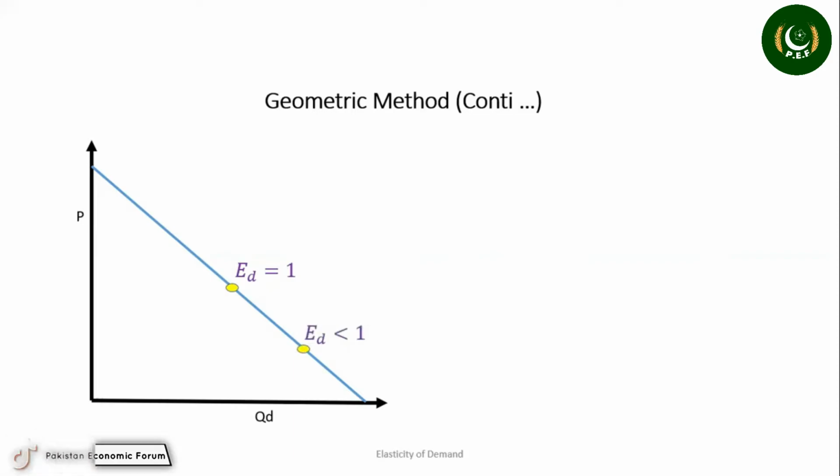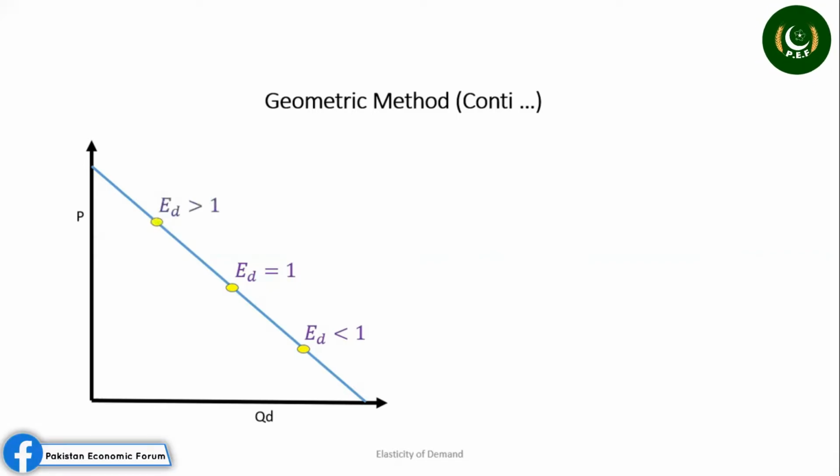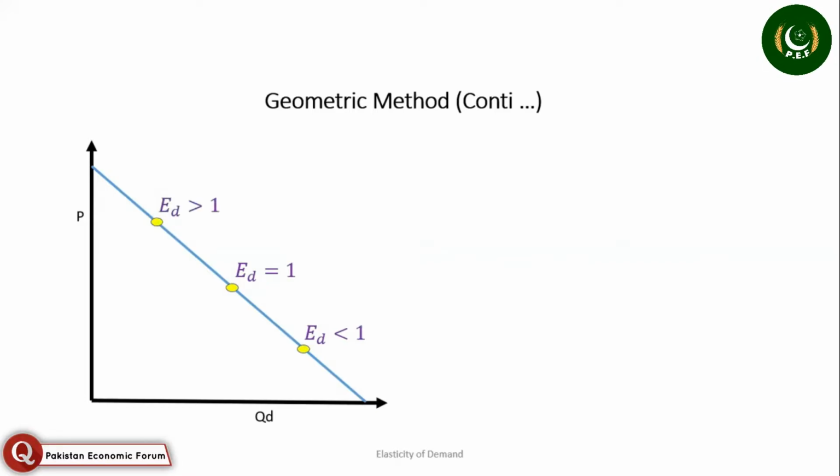If the selected point lies close to the x-axis, elasticity will be less than 1. And if it lies close to the y-axis, the elasticity will be greater than 1.